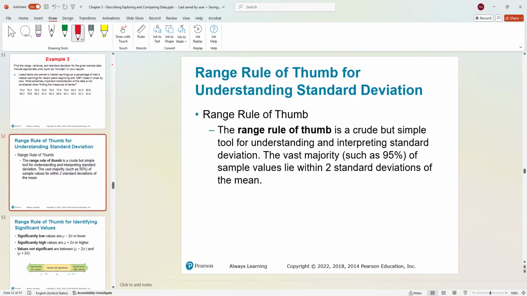The rule of thumb is a crude but simple tool for understanding and interpreting standard deviations. It is based on the principle that for many data sets, the vast majority, such as 95% of the sample, lies within two standard deviations. So it's a rule of thumb, or we call it the empirical rule.